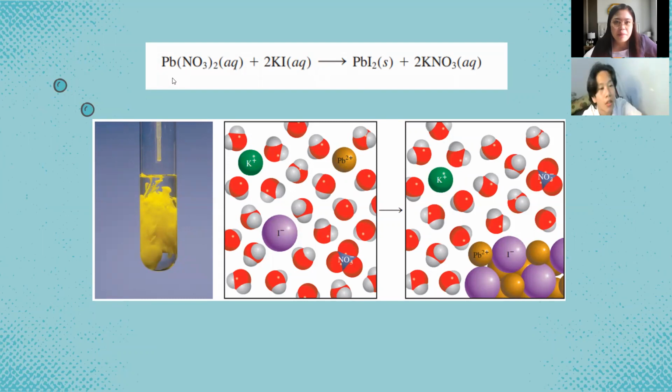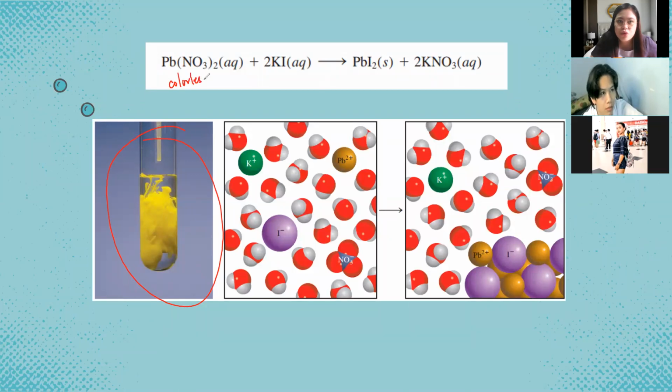So what happens here? You have there the lead nitrate and then the potassium iodide reacting with each other. If we are going to do a laboratory experiment, this is what we will see in the test tube. Lead nitrate is a colorless solution, while the potassium iodide is also a colorless solution.